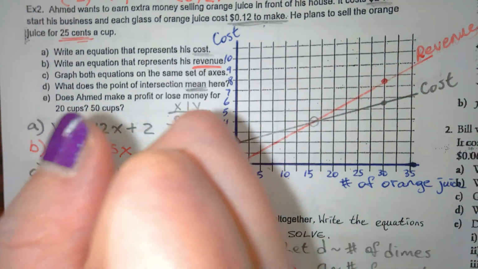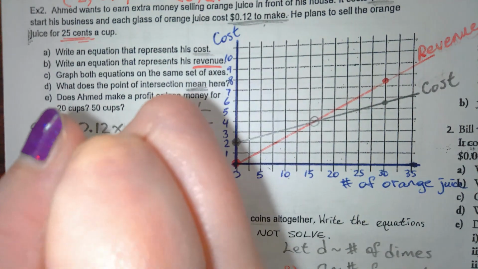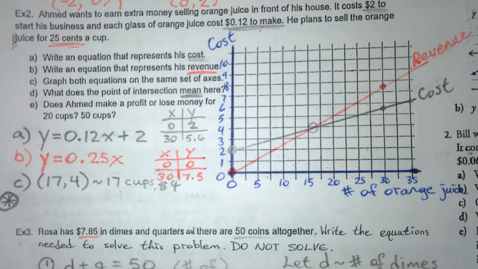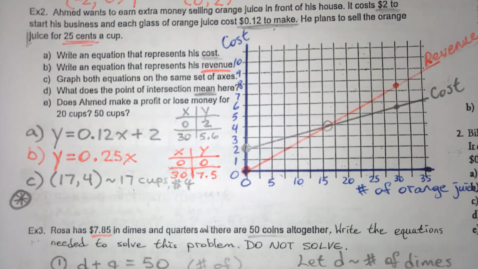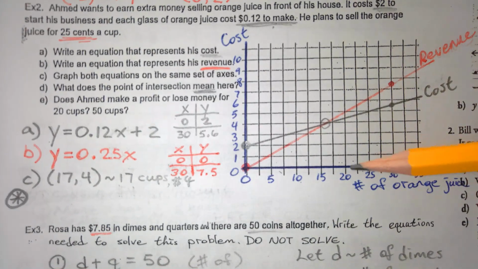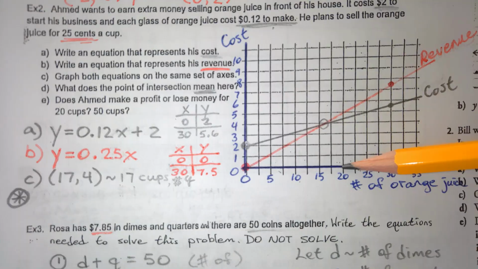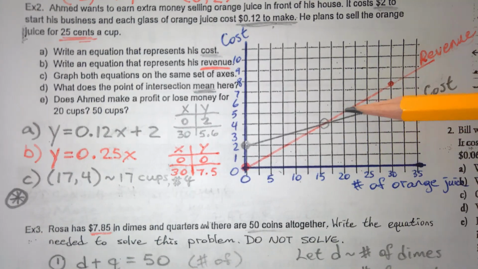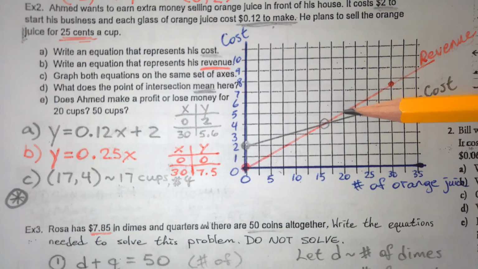Okay. And then this part right here. I am gonna for sure ask you this question on the assignment. So if Ahmed can sell 20 cups, is he making money or losing money? Making money, right?